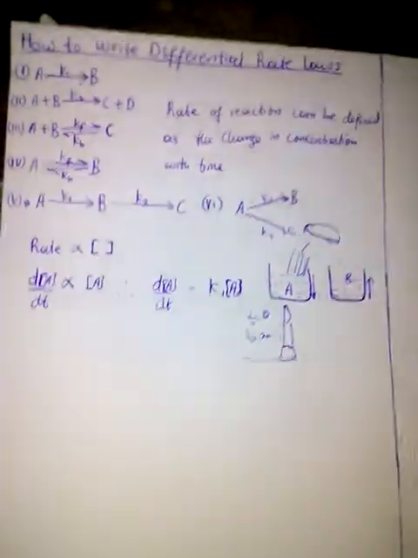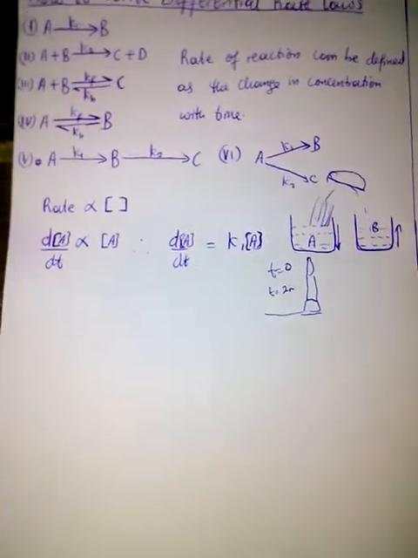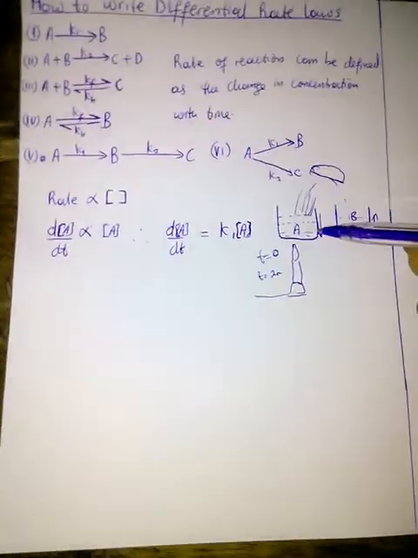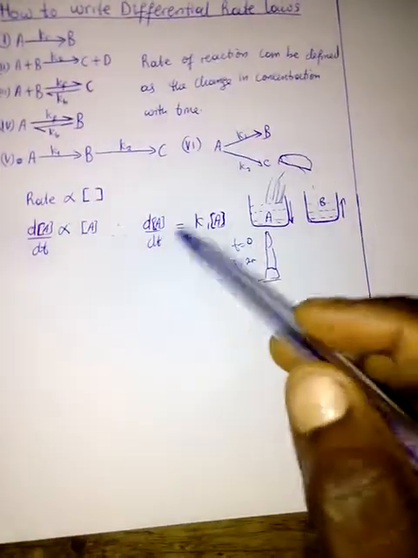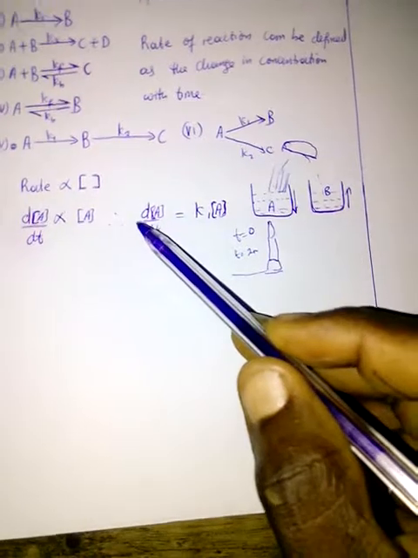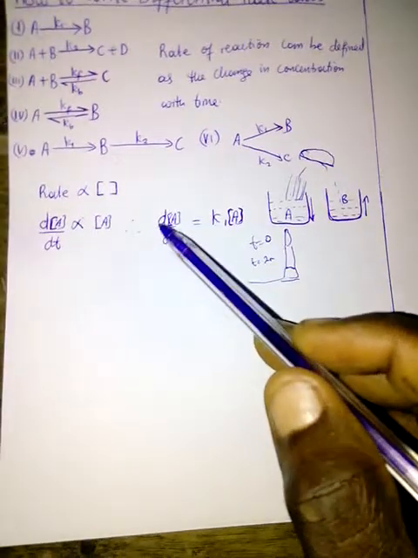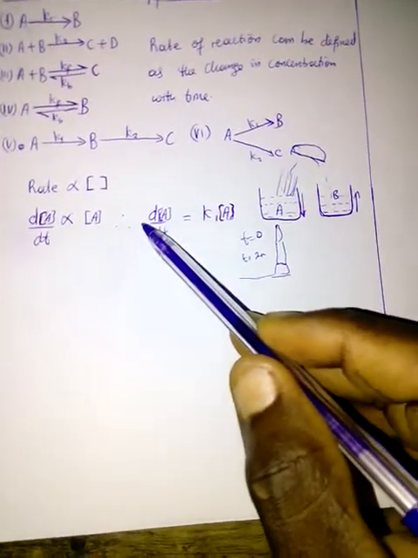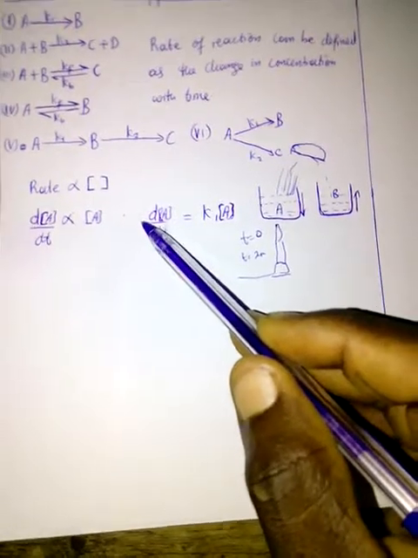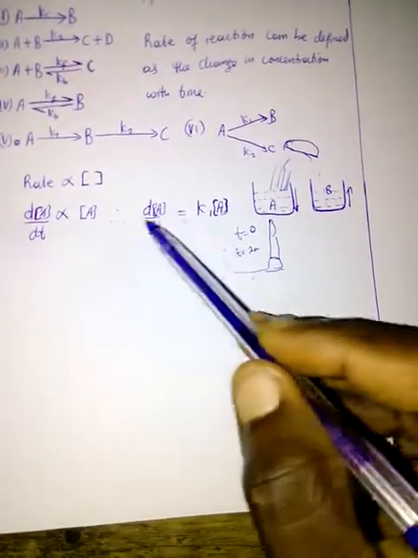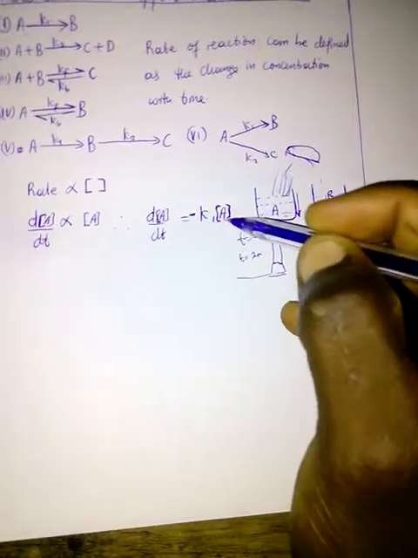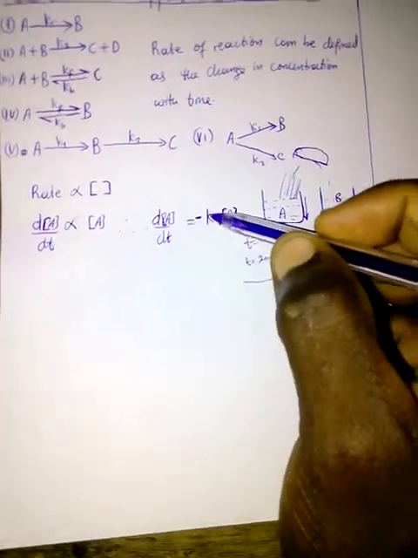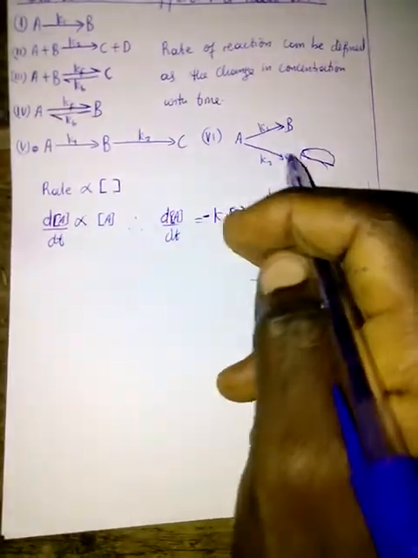So, since we know that A is decreasing with time, if we write the rate in terms of A, we have to indicate that A, which is our reactant, is decreasing. So we put a negative sign here or here, but not both sides.